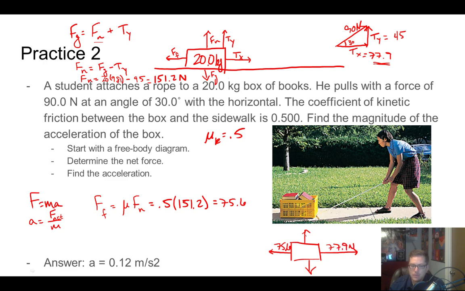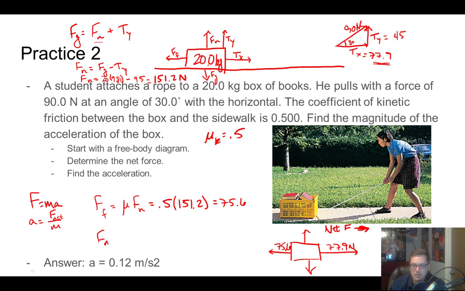All right. So because of this, we know for sure that our box is going to be going to the right, okay? Because the force pulling to the right is greater than the force pulling to the left. So the net force is going to be pushing us to the right. All right. So really we just have to add up all these guys. So this is really a negative 75, and this is a positive 77.